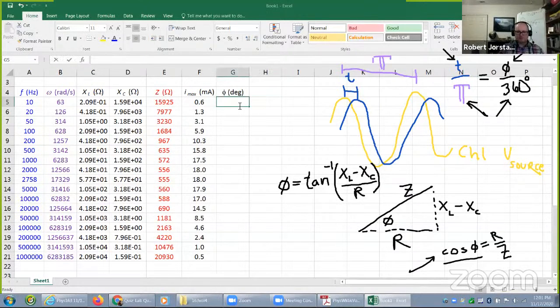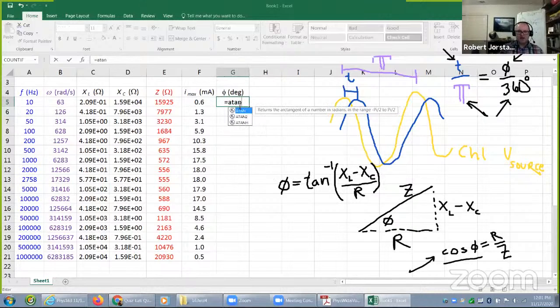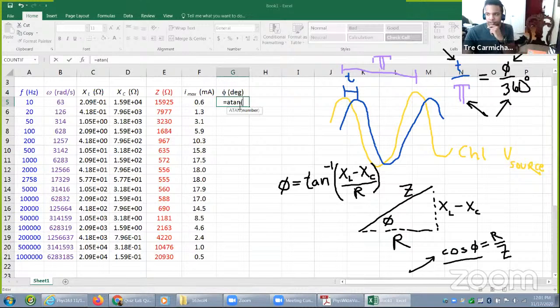So it's equal to arctan of, help me out, somebody. I'm doing it all for you. You might as well tell me what to type. Another set of parentheses. All right. And let's see. C5 minus C6, or D5.